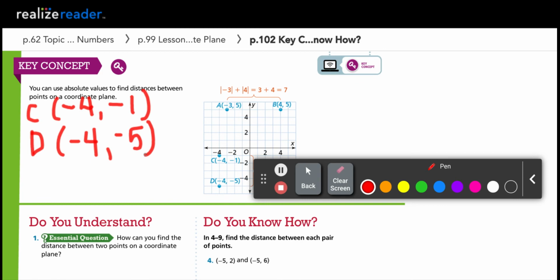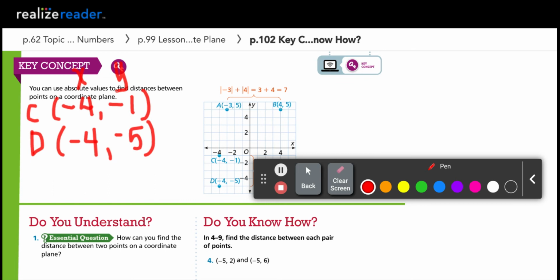So again, we start by looking and seeing which coordinate is different. So here you can see that the x value is staying the same. Both x's are -4. And the y value here, one is -1 and one is -5.